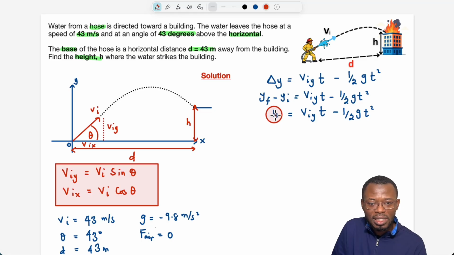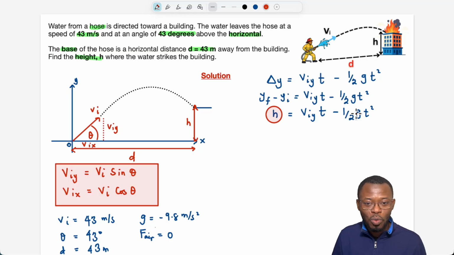If you look at this equation carefully, it depends on some time t, which we don't know at this point. And this is the neat trick about projectile motion. We can use the horizontal component of the motion to find information about the time, and then that will help us find that particular height.